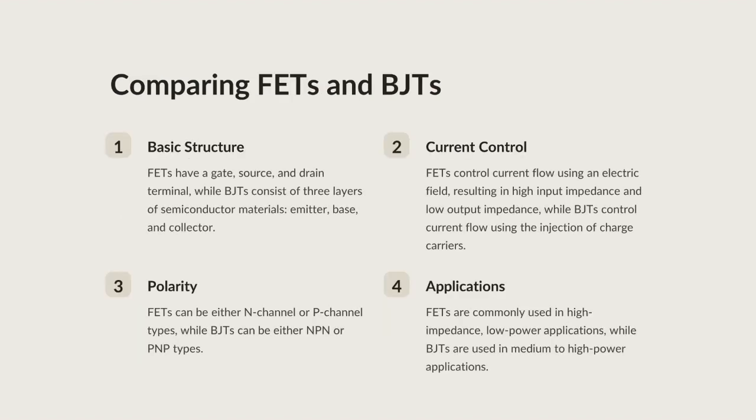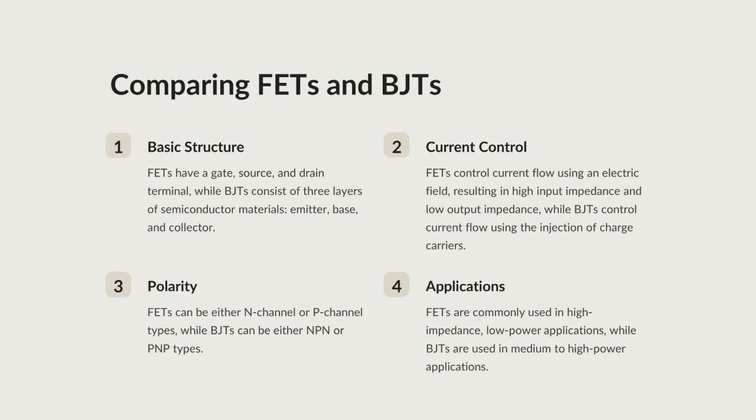Comparing FETs and BJTs. 1. Basic structure. FETs have a gate, source, and drain terminal, while BJTs consist of three layers of semiconductor materials: emitter, base, and collector. 2. Current control.